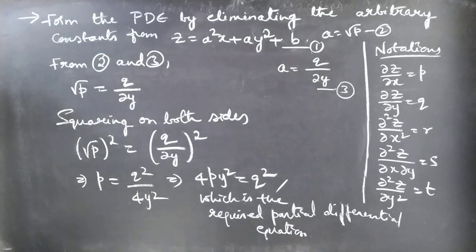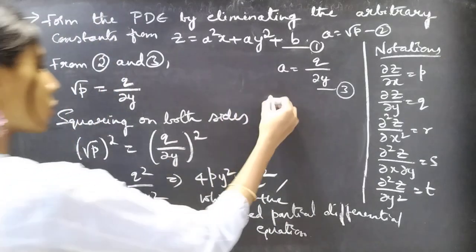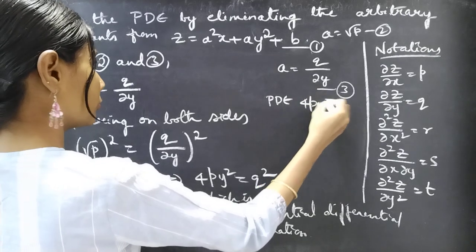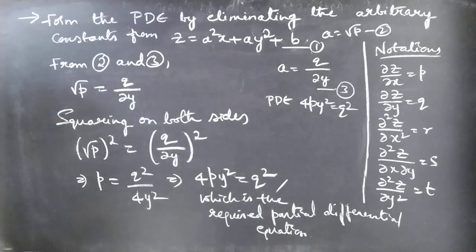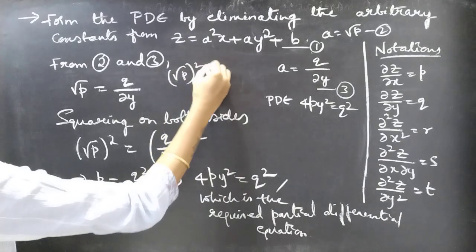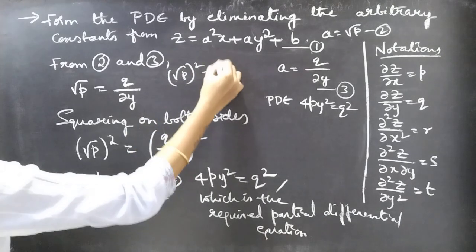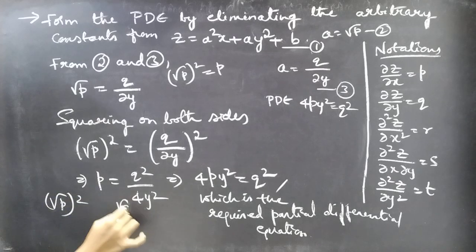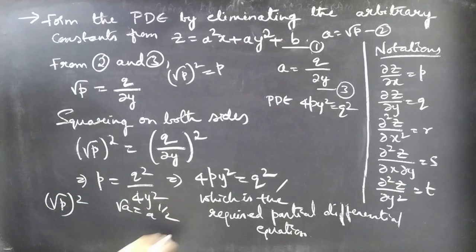Which completes the problem. Now let's see the shortcut. Here you're having square root of p whole squared, right? Which is written as p, since we know that square root of a can be written as a power 1 by 2.